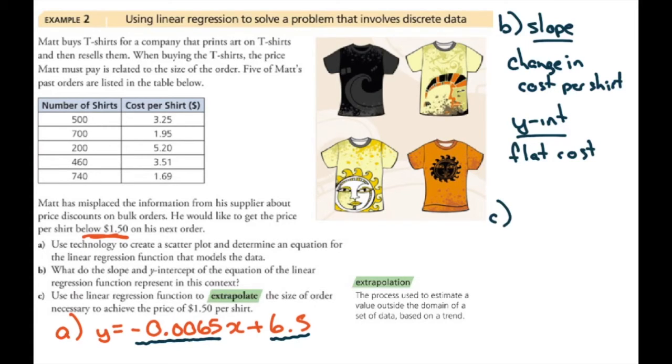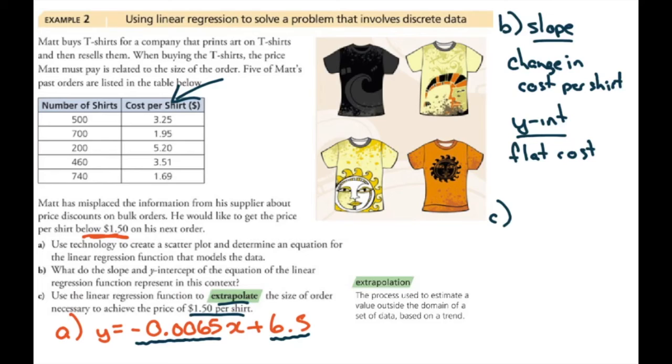Question C, use the function to extrapolate the size of the order necessary to achieve the price of $1.50 per shirt. Now, unlike the last example, we will not be plugging $1.50 in for X. We'll actually be plugging it in for Y, because I've given you the cost, which was our second list.